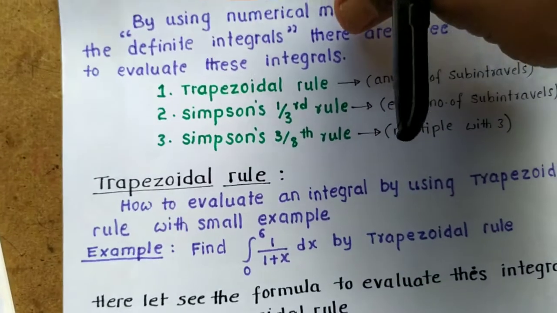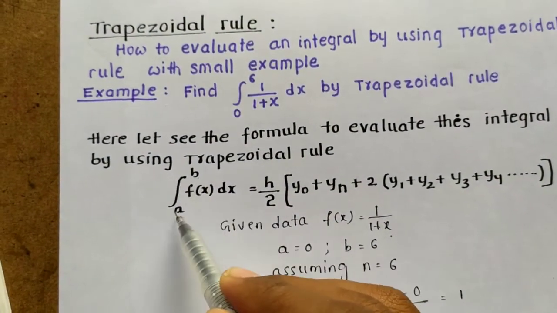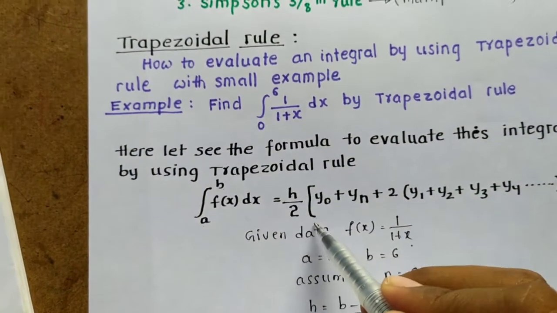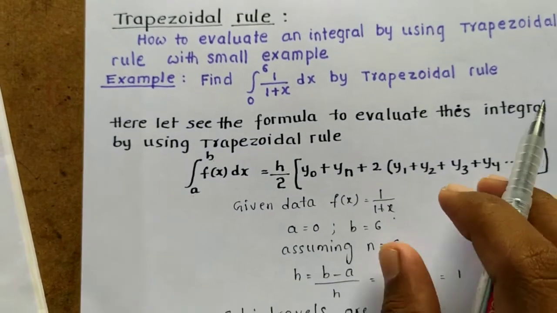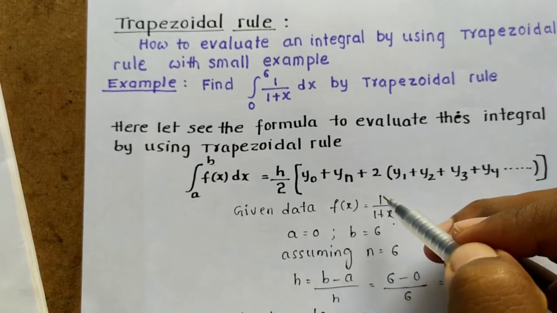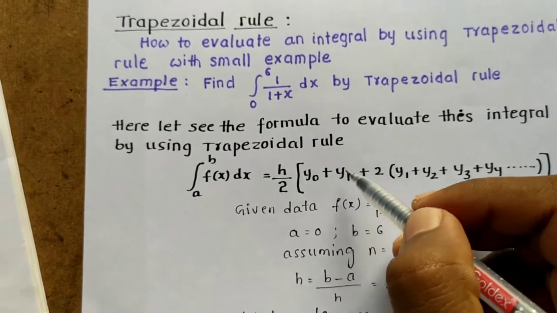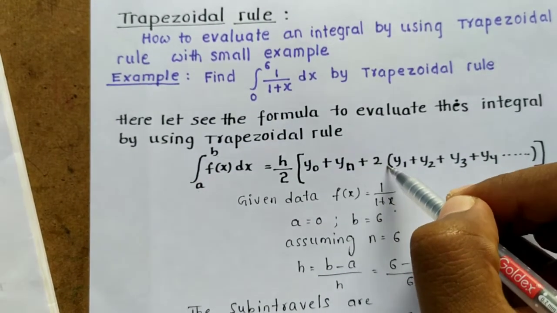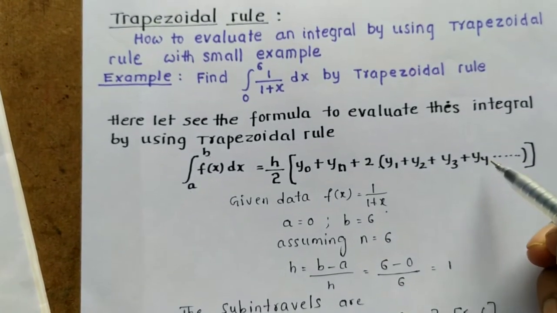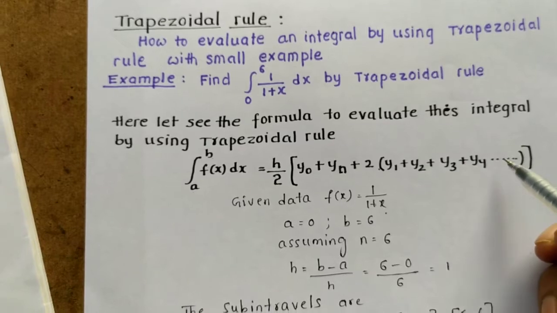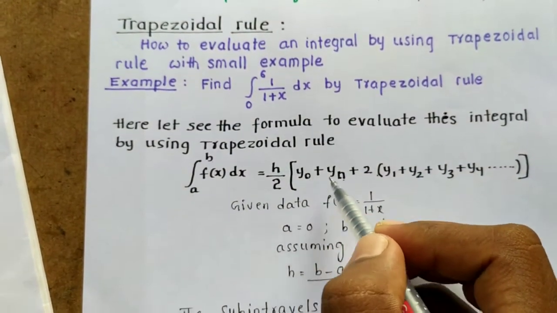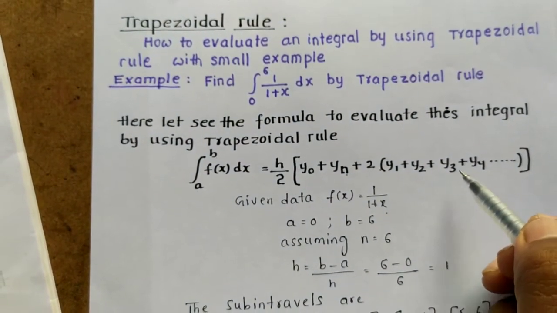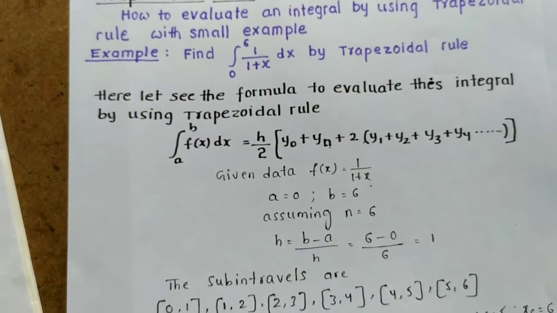The formula is the integral of f of x dx from a to b equals h by 2 into y0 plus yn plus 2 into the values in between, y1, y2, y3, and so on. This is the formula to evaluate the given integral.